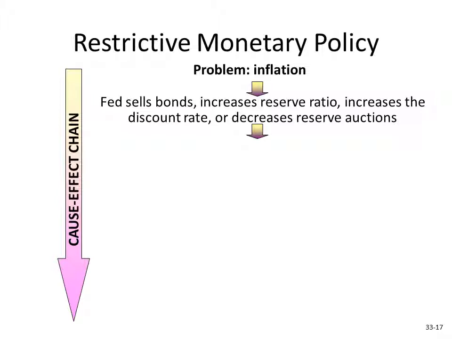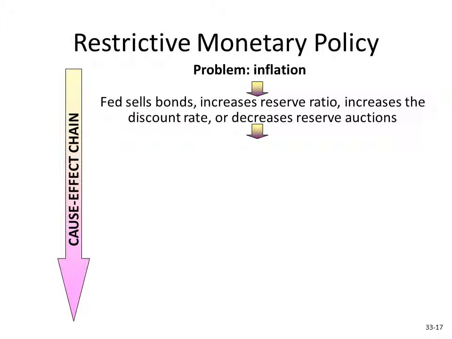So if you think about it, the Fed gets the money, and the banks get bonds. Now remember, banks cannot use bonds to create new loans. They can't use them as collateral, so to speak, to create loans. So when the Fed sells bonds to banks, they reduce the amount of excess reserves that banks are holding, and therefore that's going to reduce the money supply.